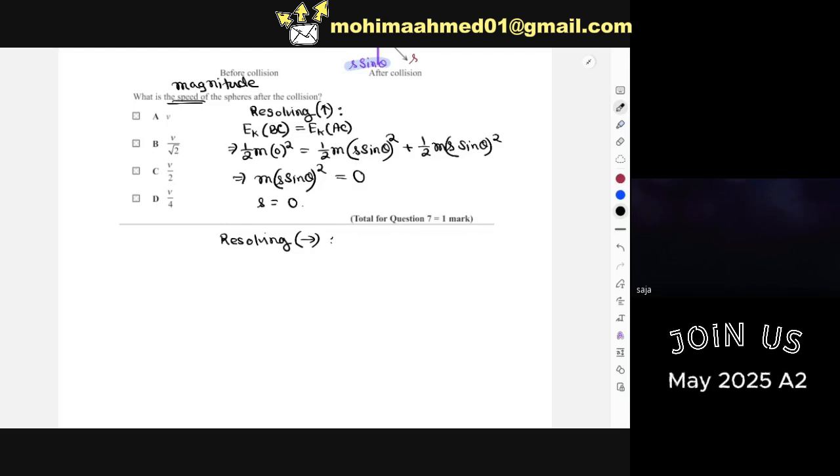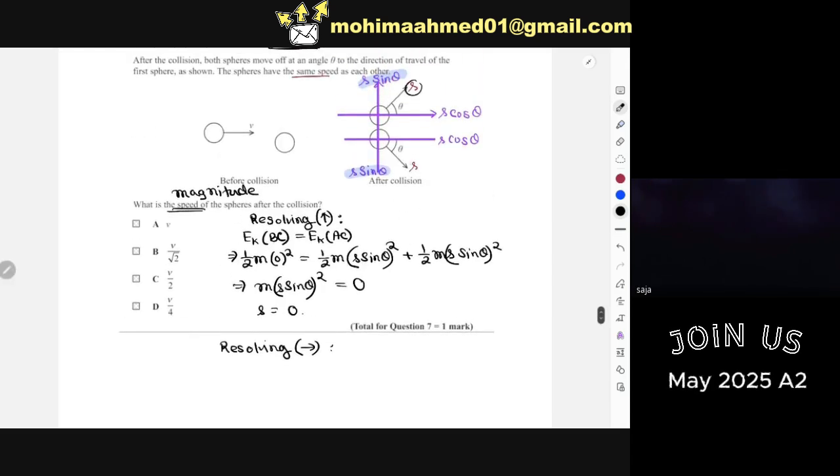I'll only use their magnitudes, which were s and v, without the direction. We're not focused on the velocities, we're only trying to find the magnitude, because we clearly want the speed, not the velocity. Always remember, speed is the magnitude version of velocity.